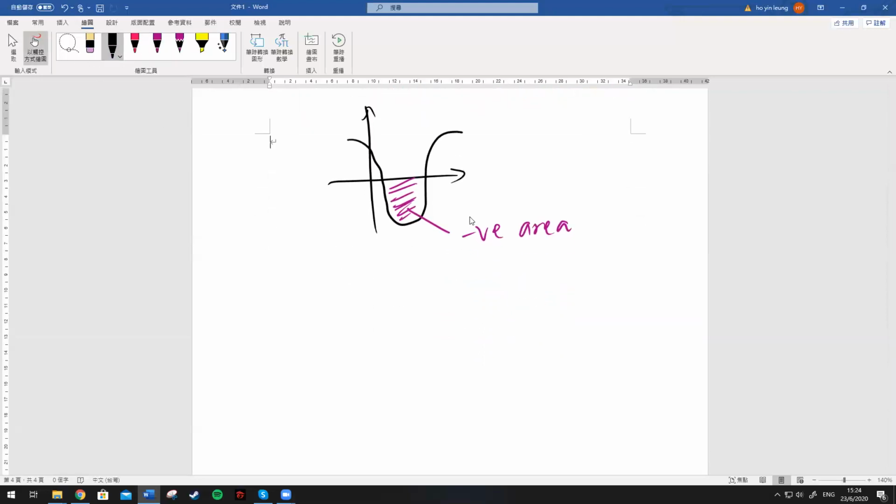Okay, let's look at the following example. Let's say we have a graph like this, and this period of time is 2, this period of time is 5, and this is 8. This is velocity, this is time, and this is 0, and this is 11.